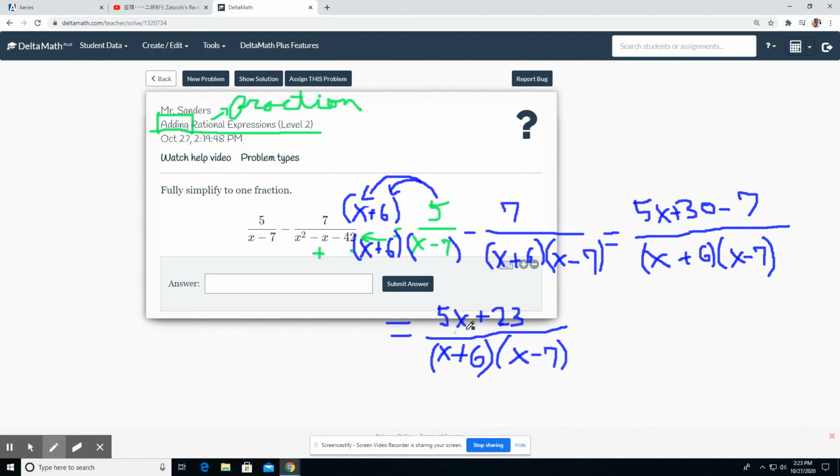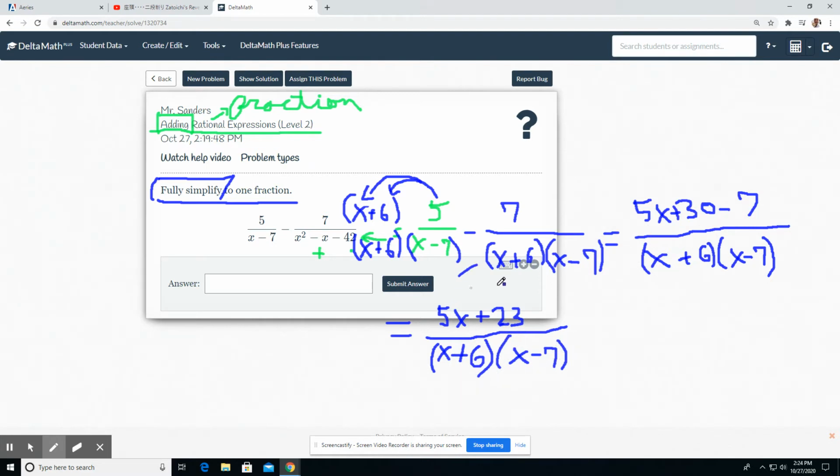Sometimes we just have to check to make sure there's no common factors that might reduce here. There's no common factors between 5x and 23. They say fully simplify, so that means I need to go ahead and multiply the bottom out here. A couple different ways you can do it, generic rectangles.